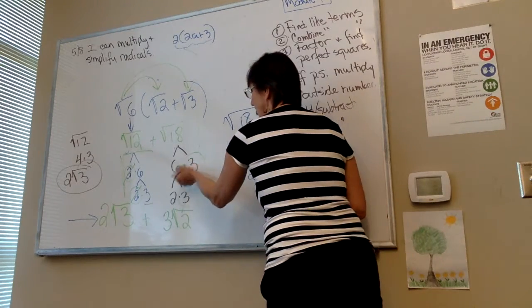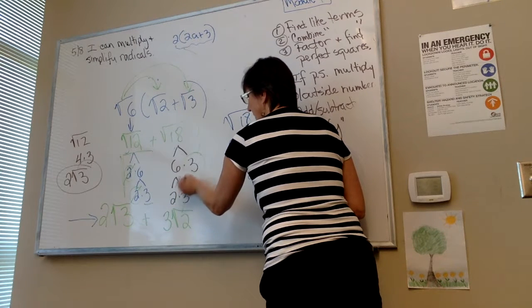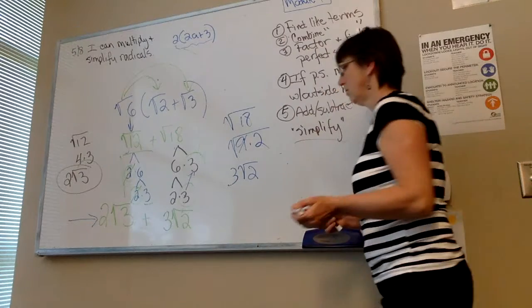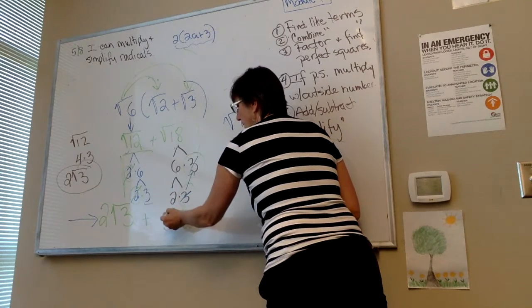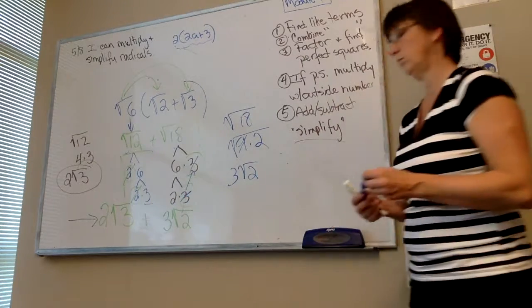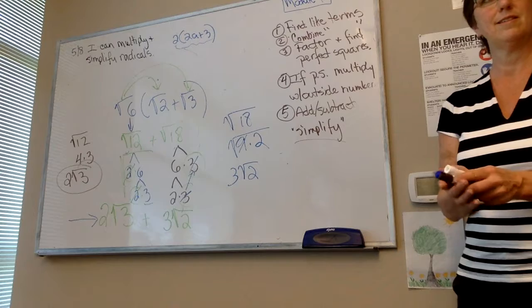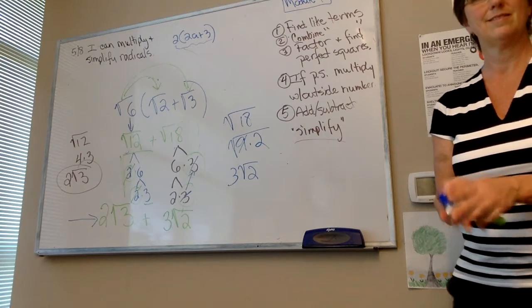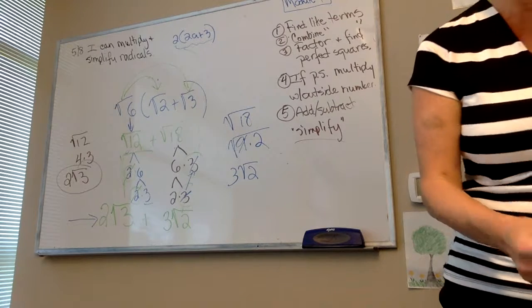When you find 2 factors that are the same number, you just cross them out, bring them on the outside of the radical. Questions? We deal with radicals a lot in your future.